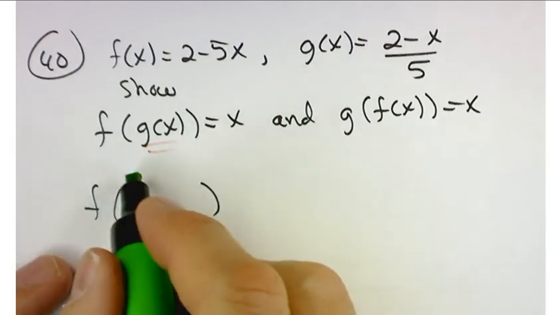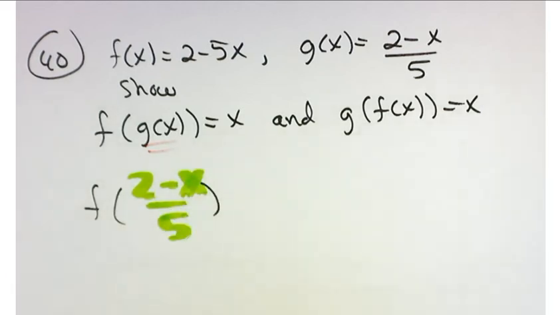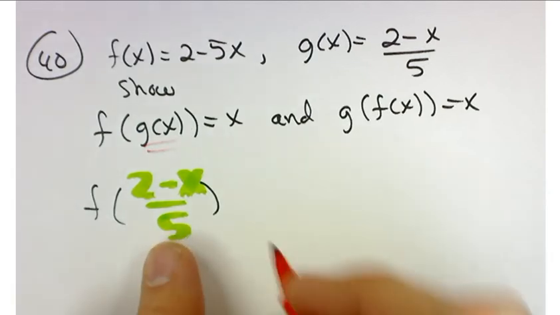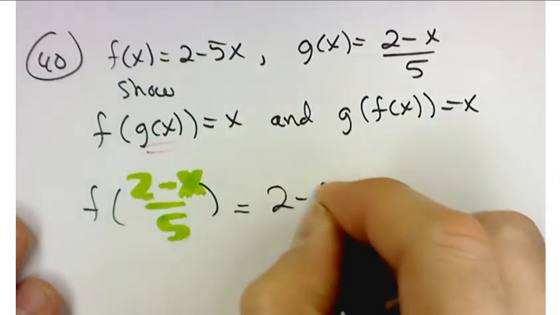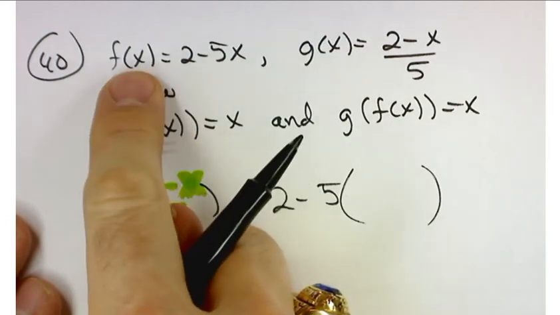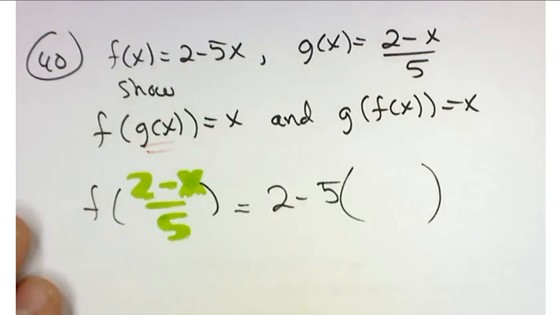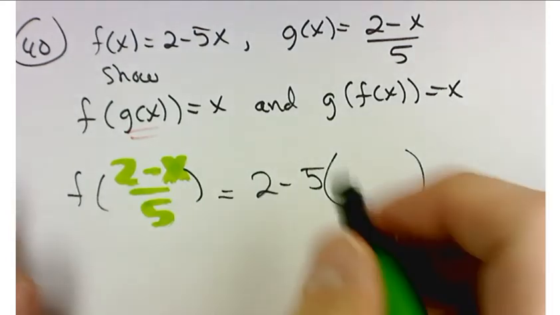So here we go, 2 minus x over 5. Well, let's go to the rule for f now. The rule for f says take 2 minus 5 times whatever you put in here. So 2 minus 5 times x. In this case, instead of an x, I've got this whole big expression, 2 minus x over 5.